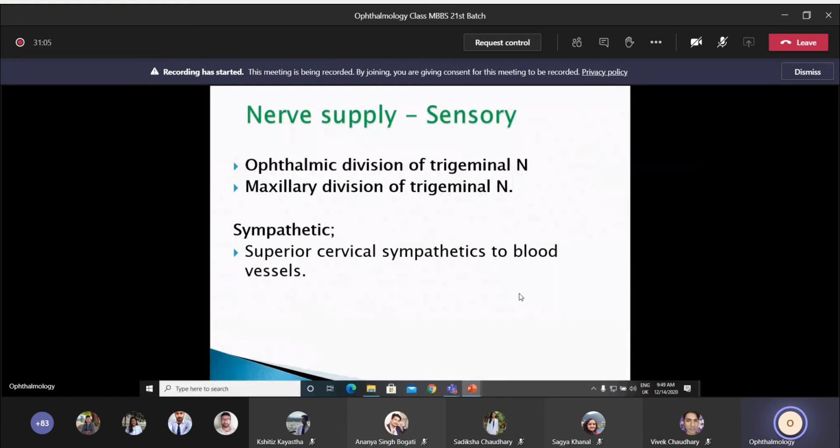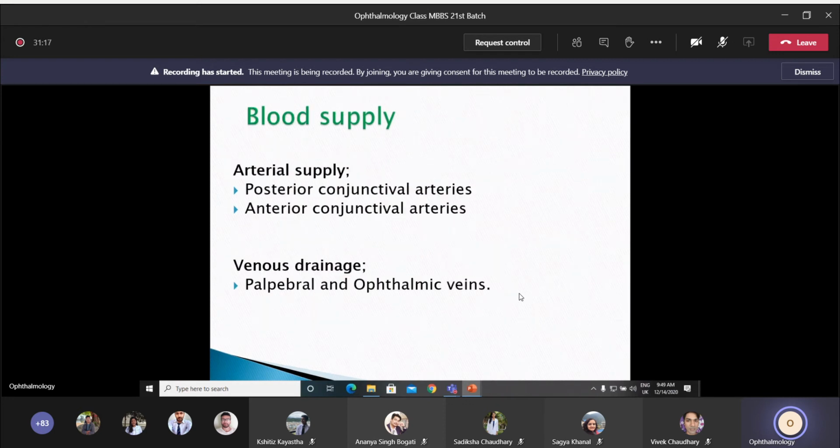So the main sensory nerve supply is the ophthalmic and maxillary divisions of the trigeminal nerve. And for blood supply, the arterial supply is by the anterior and posterior conjunctival arteries, and venous drainage is by the palpebral and ophthalmic veins. Okay, so that's all about the anatomy.